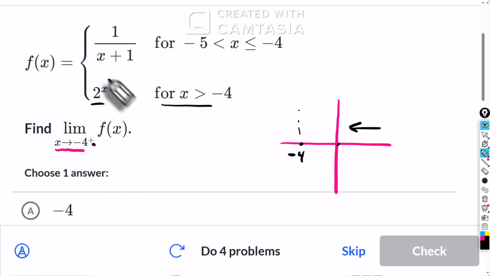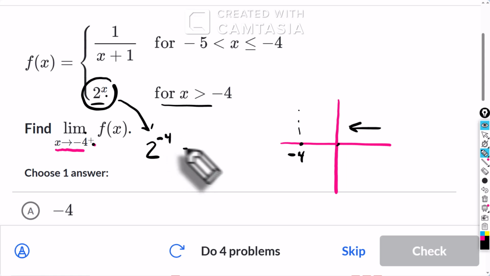So since we're using this function, since we're approaching -4 from the positive side, we want the values that are greater than -4. All we have to do is take the -4 and plug it in place of x. All right, so using 2 to the x, that's just going to be 2, and in place of x, you plug in -4. It's just going to be 2 to the -4.